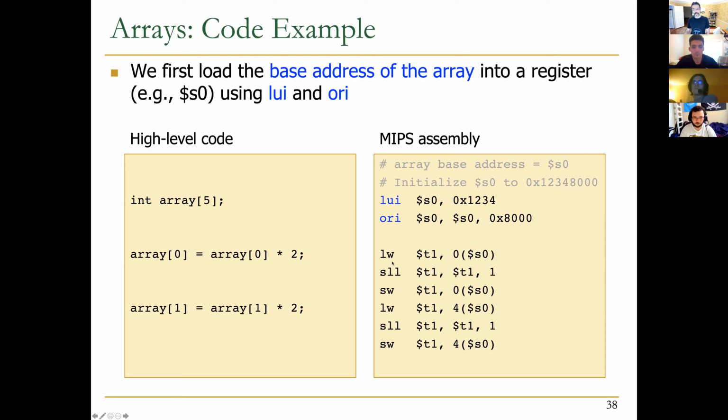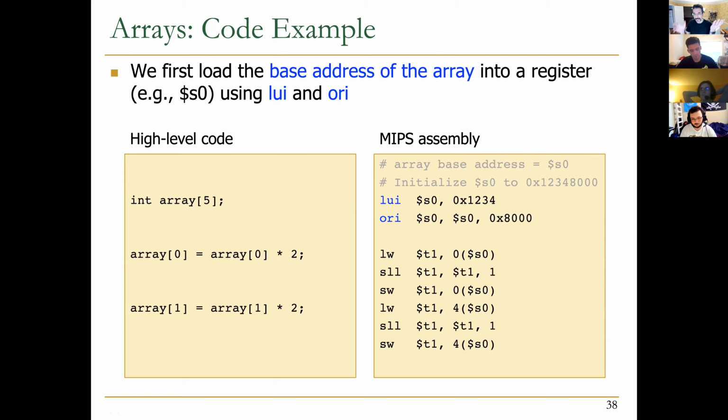And then we use load word. This is one of the MIPS instructions. And we ask it, hey, this is the address of the memory, and this is the offset that we want, and put whatever you find in that address in T1, in one of those registers. So we wanted to load the content of a memory address into a register because we wanted to manipulate the data, right?